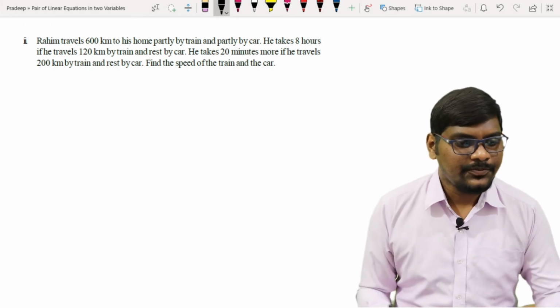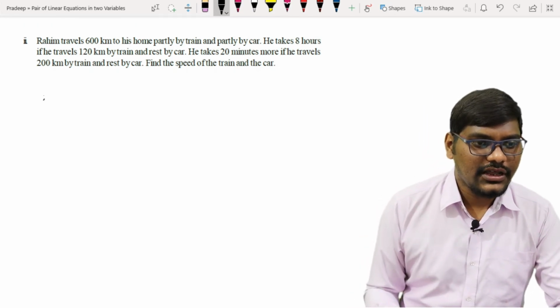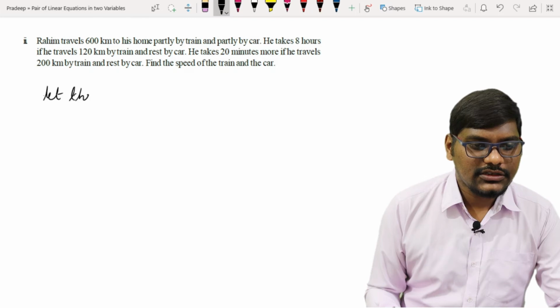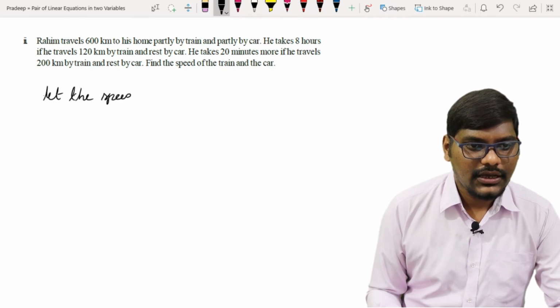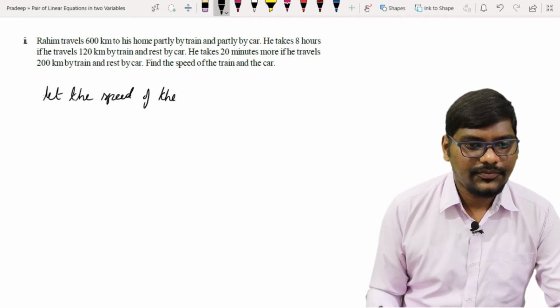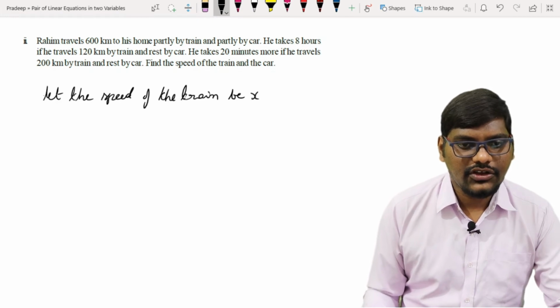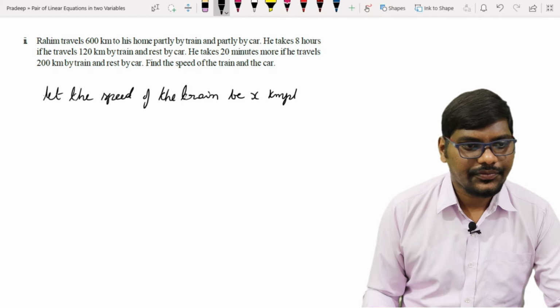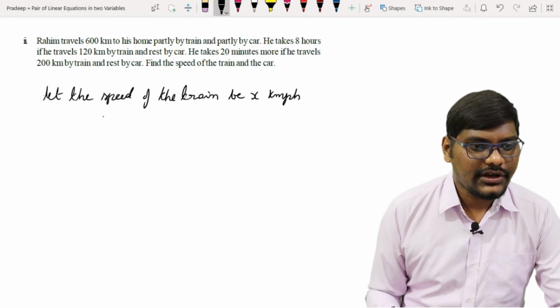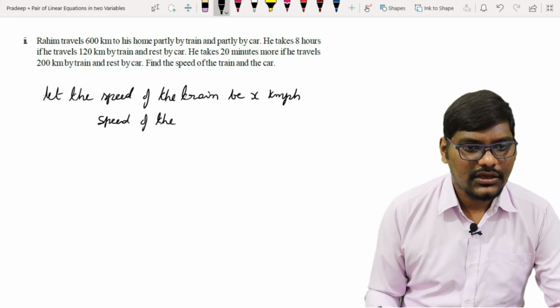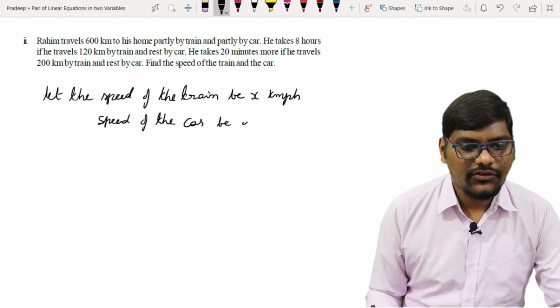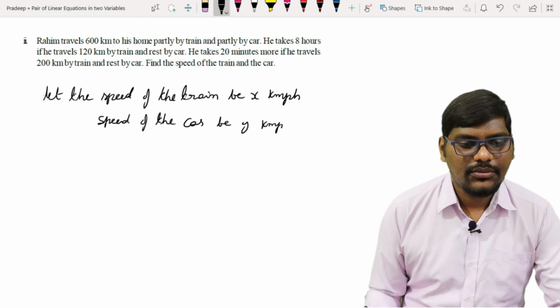So let's find out. So I can write here, let the speed of the train, that we will take as x kilometer per hour. Okay, next I can write speed of the car, that we will take as y kilometer per hour.